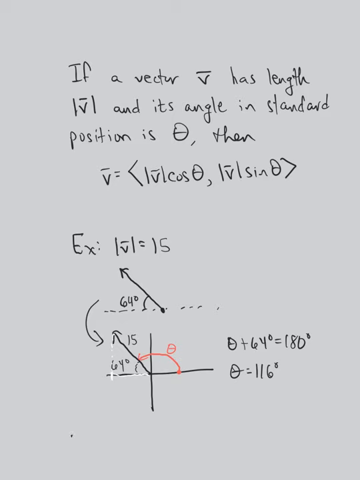Now, since theta is in standard position, we can just jump straight to this formula to get the coordinates of V instead of going through all that trigonometry. We would have 15 cosine of 116 degrees and 15 sine of 116 degrees, like that. You could approximate them.